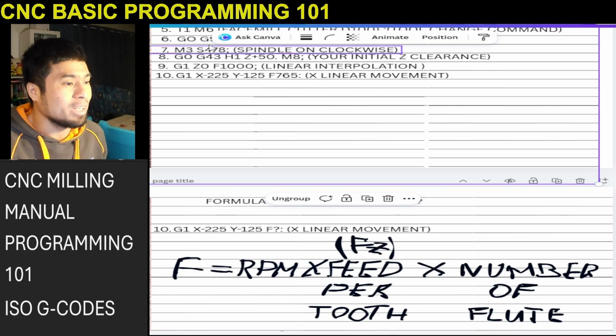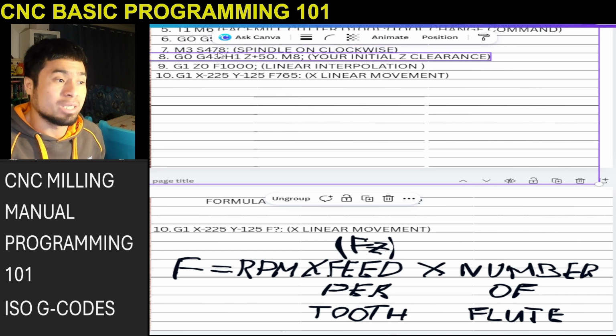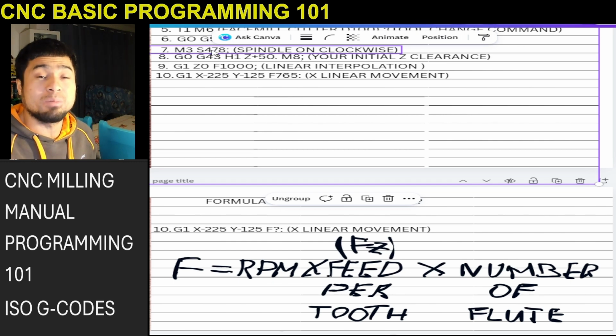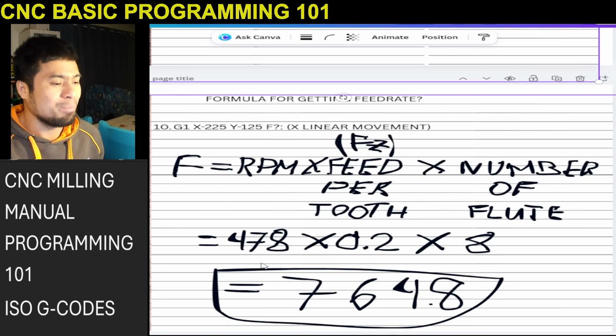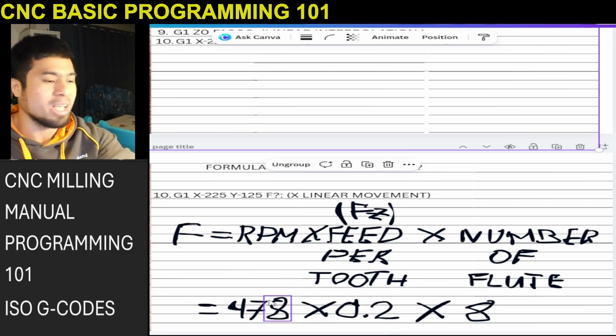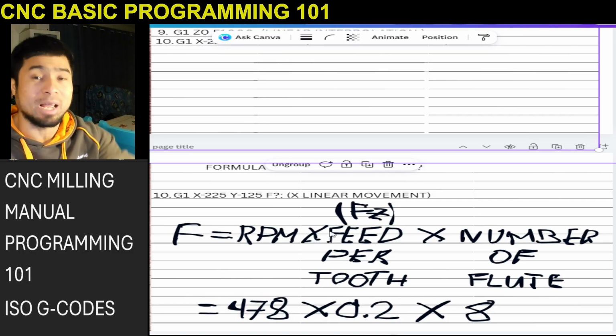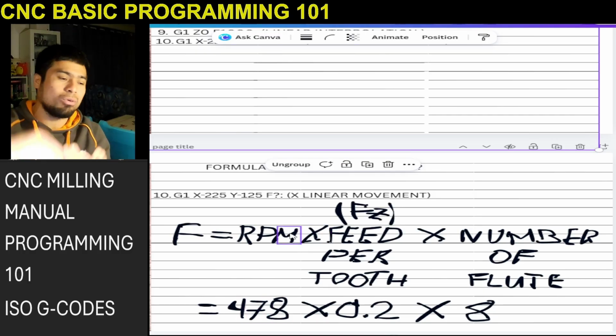So what is RPM? RPM is already here in M3 S478, which we already discussed in our previous video on how we calculate RPM. Because our RPM is now given, which is 478, we will put RPM equals 478, which is equivalent to our M3 478, the rotation of our tool.